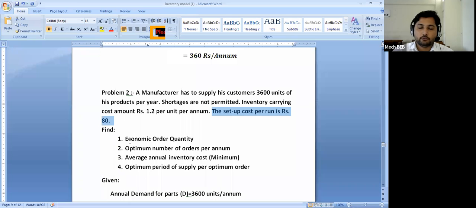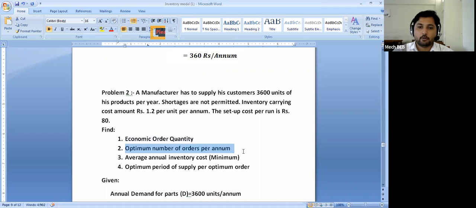Okay, so first we have to determine the economic order quantity, that is Q star. Then we need to determine the optimum number of orders per annum. 3600 is your per year demand, and once you determine the economic order quantity, annual demand divided by economic order quantity will be your optimum number of orders per annum.